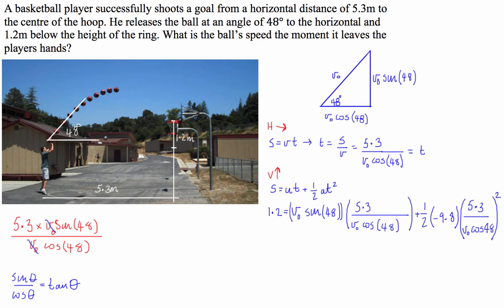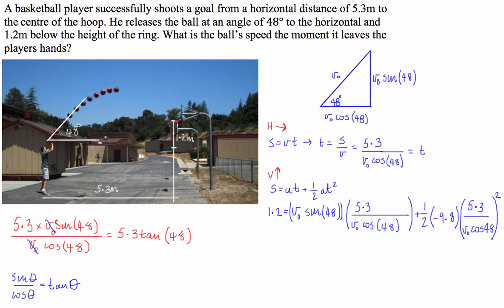So we can write this entire equation as 5.3 times the tan of 48. The v naught components have cancelled each other out, and the sine 48 over cos 48 has become a lot neater with just a tan 48 there.